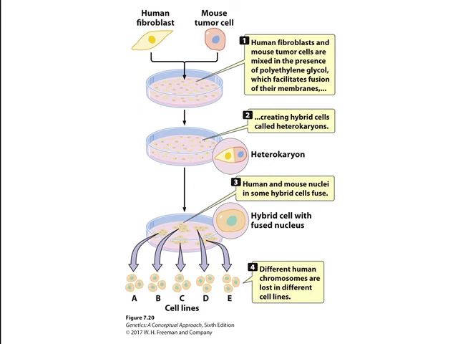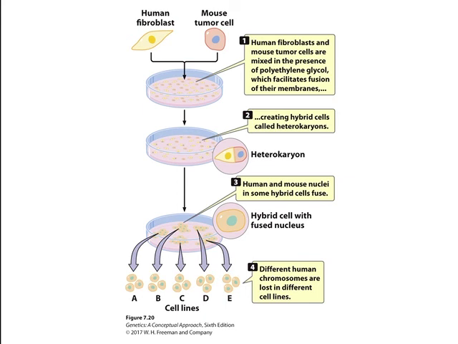The hybrid cells tend to lose chromosomes as they divide, and for reasons that aren't understood, chromosomes from one species are lost preferentially. In human-mouse somatic hybrids, the human chromosomes tend to be lost while the mouse chromosomes get retained, and eventually the chromosome number stabilizes when all but a few human chromosomes have been lost.